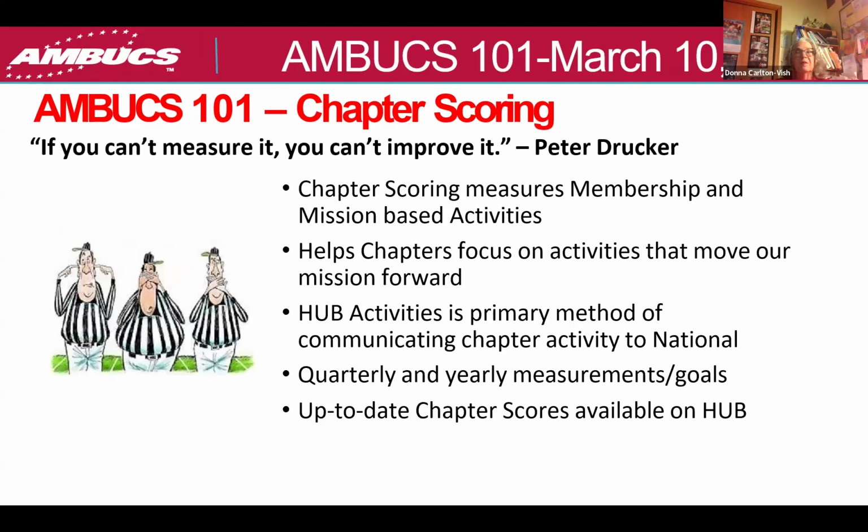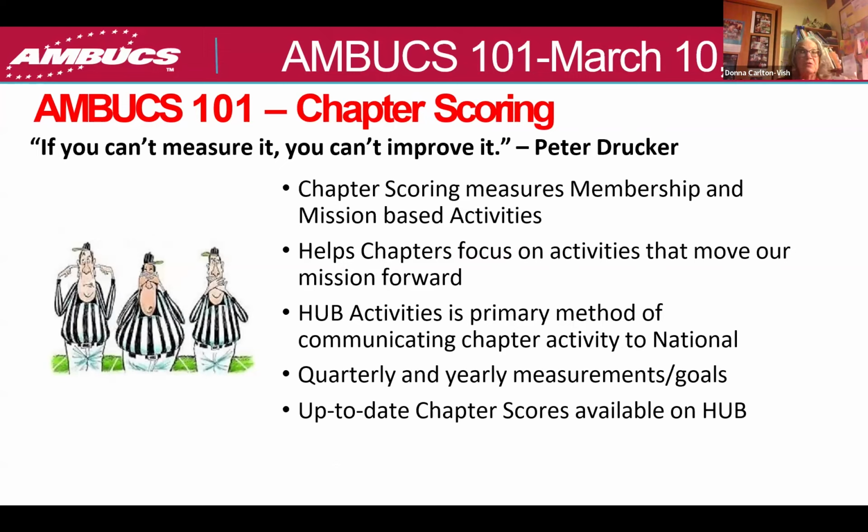We do score. Mr. Peter Drucker said, if you can't measure it, you can't improve it. So that's a way to give us a measuring tool. Okay, you did this much this year. What can you do next year? How can you make a change to make your fundraiser better so that it makes more money?